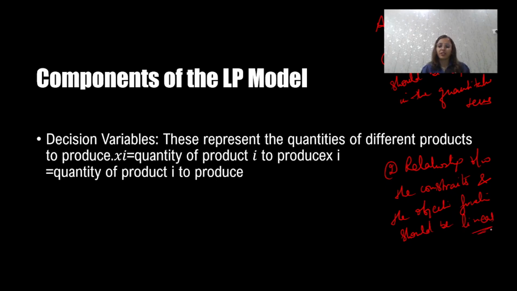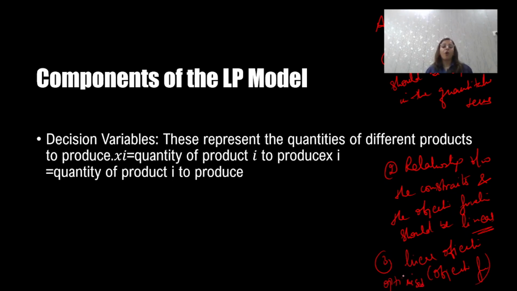These are the most important assumptions. And the third important one is the linear objective, or you can say linear function. That is, we have some objective function and that objective is always to be optimized. We always consider that we have to optimize this one, right?